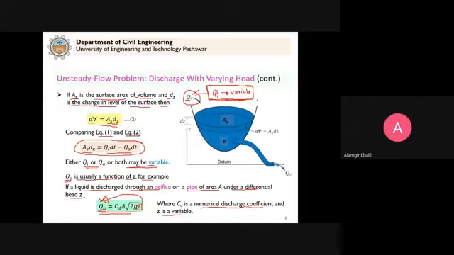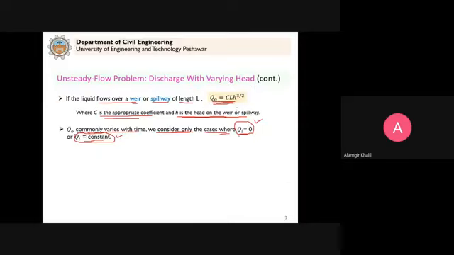You can study that book and you will find they discuss a case where inflow discharge is treated as variable, and you will see that a very complex equation we will get. But anyhow, in our textbook, we will assume that Qi is either equal to 0 or it is constant. We will not consider a case where Qi is variable.